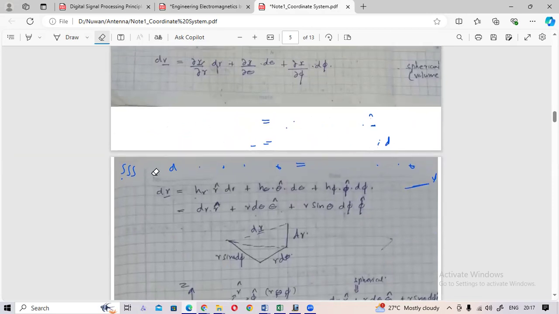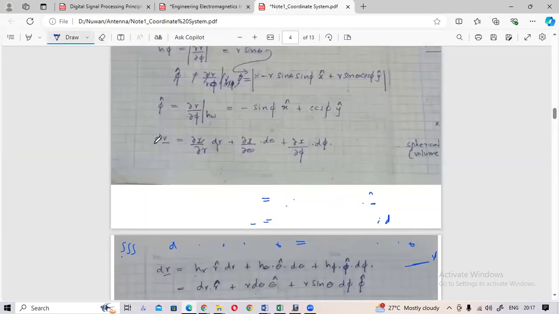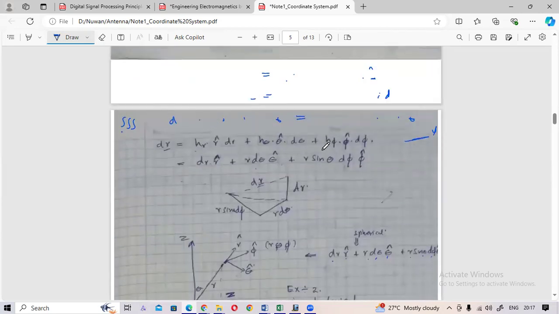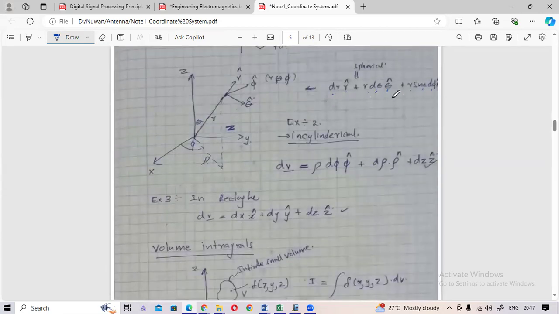What you have to understand is, keep in mind, actually, if you couldn't understand. This is the case for a spherical coordinate, so r sin theta is there. This is the case for cylindrical coordinate, so rho is there.